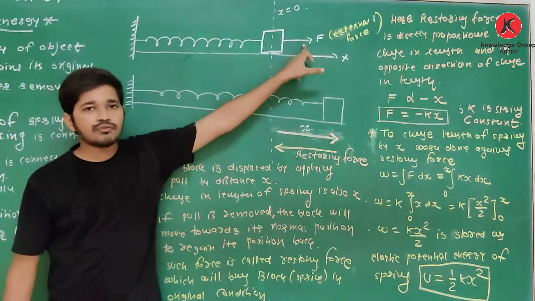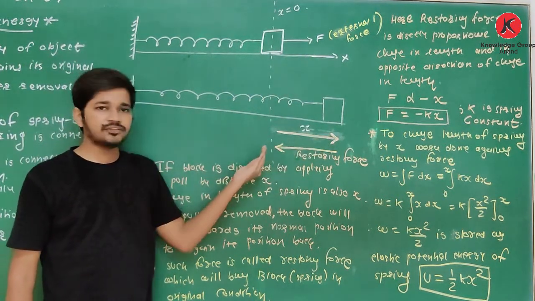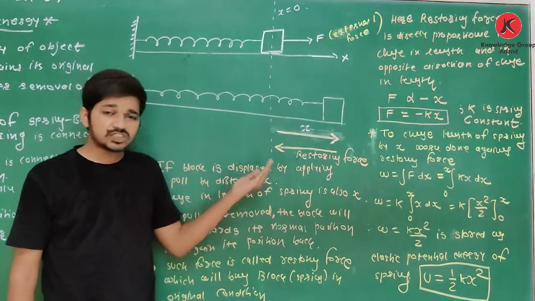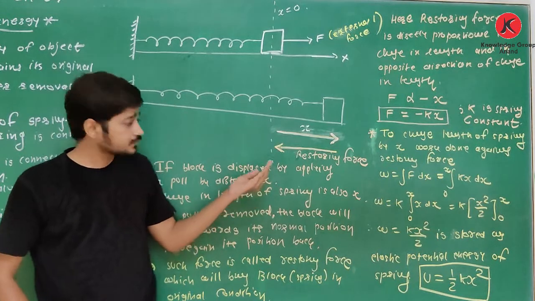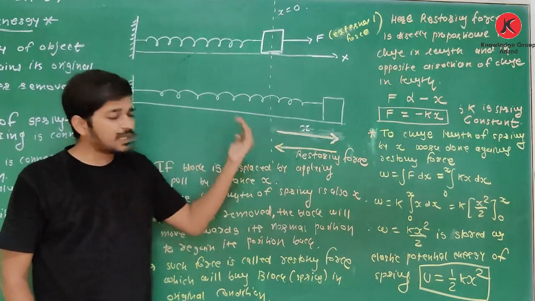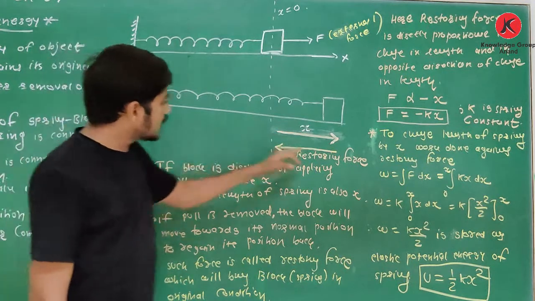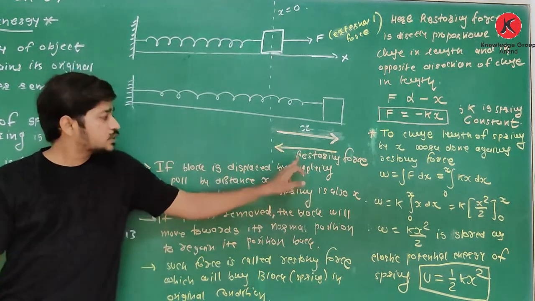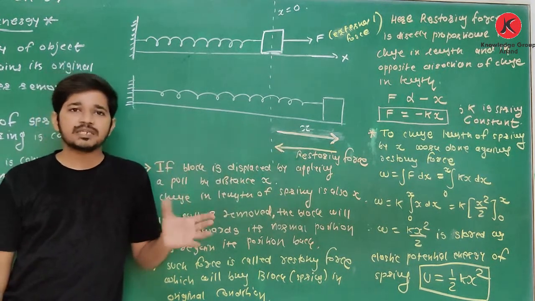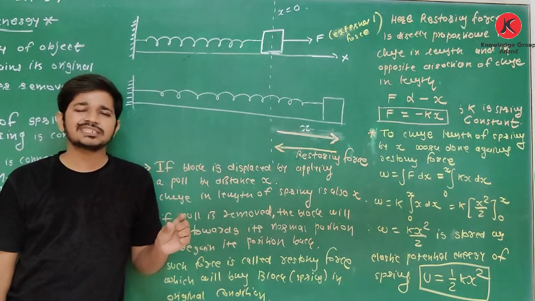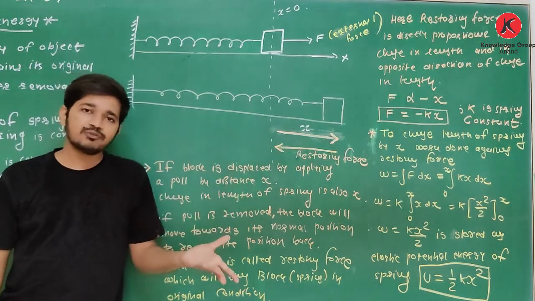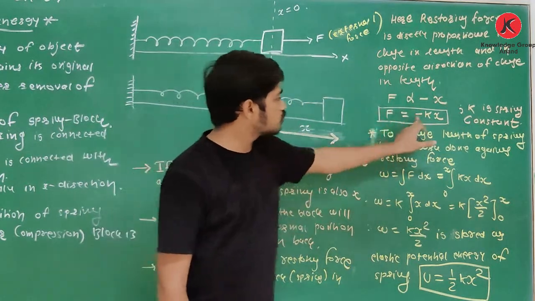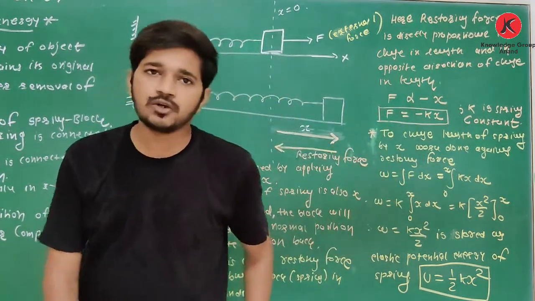If I remove the external force, then this spring will move in this direction due to restoring force, the force which tries to bring the spring to its original condition. So restoring force is produced in the opposite direction. This restoring force is directly proportional to displacement. As displacement increases, restoring force increases, and they are in opposite directions. So F is proportional to minus x, so F is equal to minus kx, where k is the spring constant.